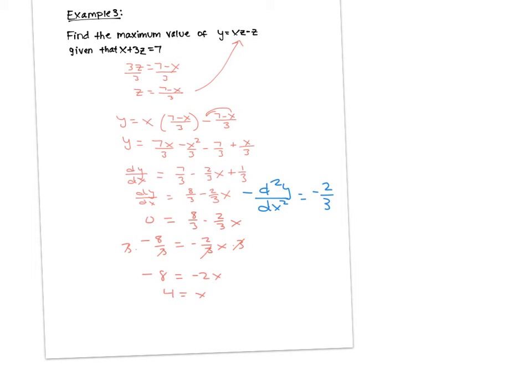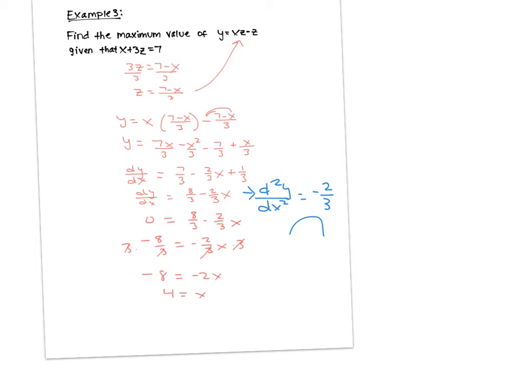So if our second derivative is negative, that means that it is concave down, and so that is a local maximum, and therefore since the whole second derivative is negative, that means the whole function is concave down, which means that x equals 4 is our global maximum.